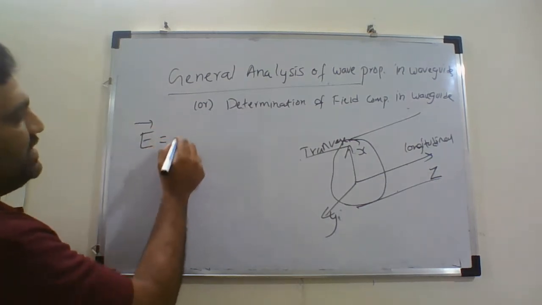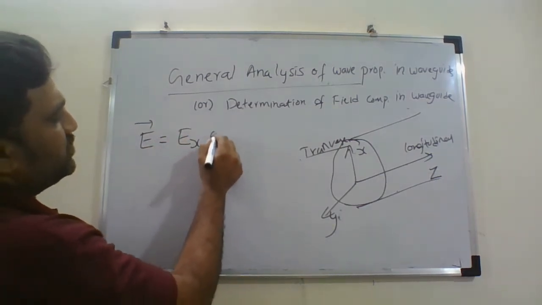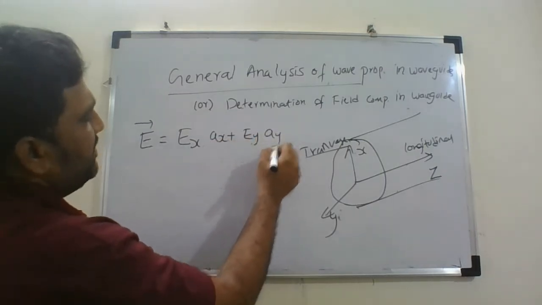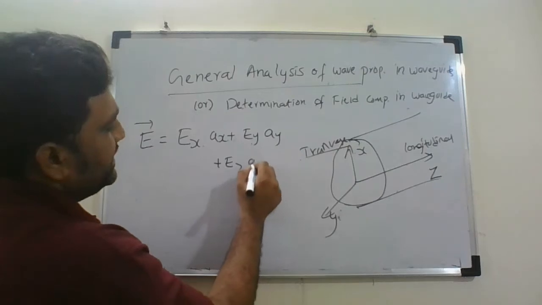The electric field E bar will have three components. We can write it as Ex into Ax plus Ey into Ay plus Ez into Az.